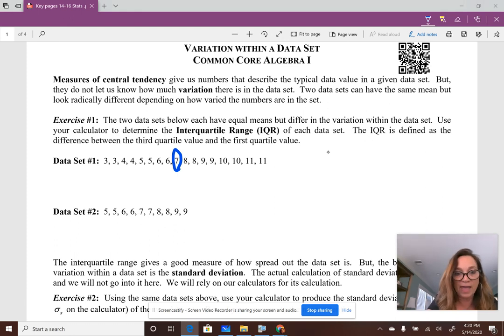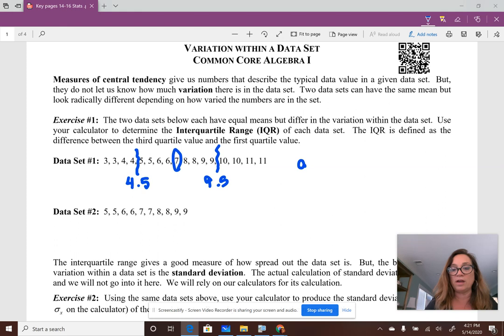Then I'm going to divide the top half and the bottom half into quarters, quartiles. So this would be 4.5, and this would be 9.5. So Q1 is 4.5, the median is 7, Q3 is 9.5.